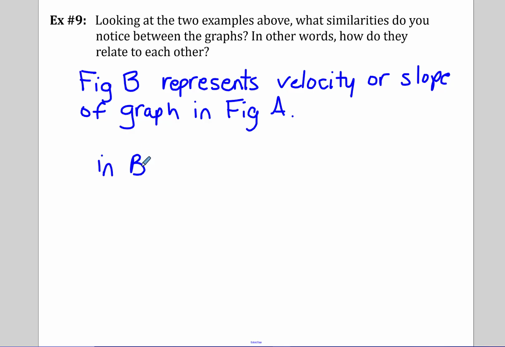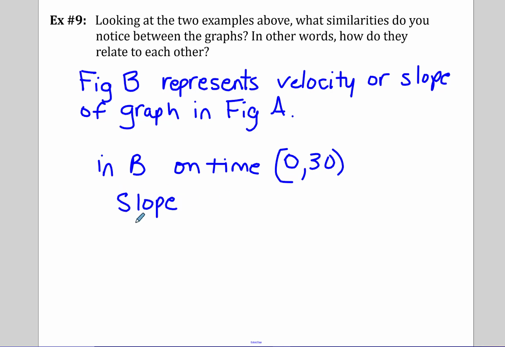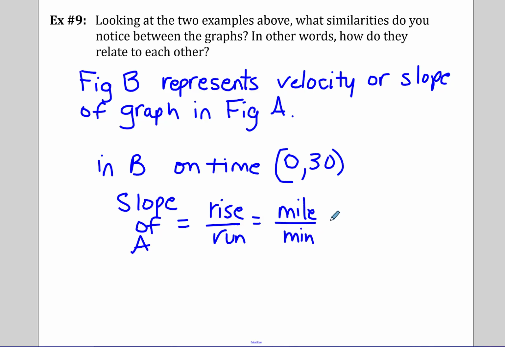So in figure B, on the time from 0 to 30, the slope of A, which was rise over run, was in miles per minute, is the velocity of the B graph.